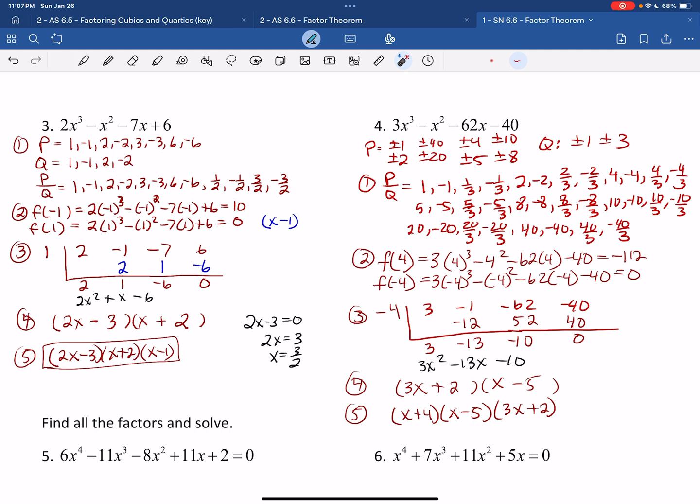And if you notice this 3x plus 2, if I solve for x, I subtract 2 from both sides, so 3x is negative 2. So x is negative 2/3. And if you look right there, negative 2/3 was a choice.